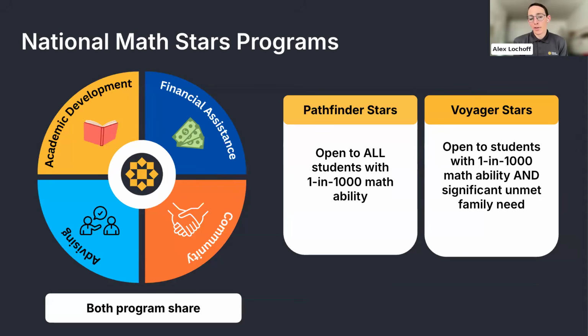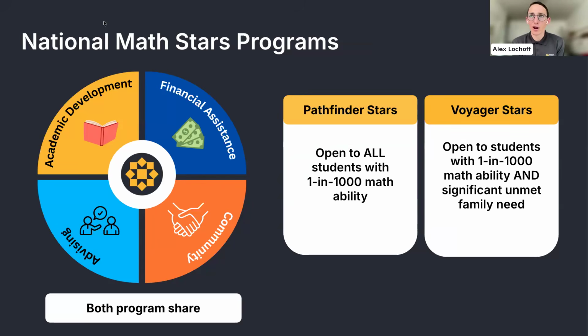I'll talk in a moment about the components of our program, which we break into 4 categories: academic development, financial assistance, community, and advising. But first, let me touch briefly on the difference between our Pathfinder and Voyager programs. Our Pathfinder STARS program is open to all students who demonstrate a 1 in 1,000 level of math ability.